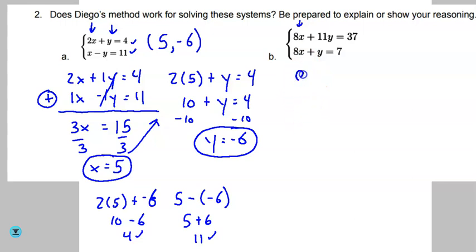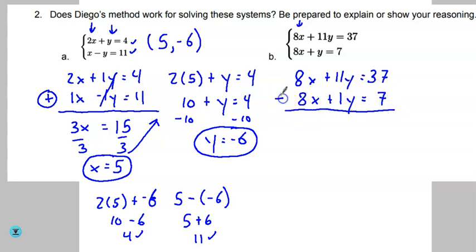Okay, so 8x plus 11y equals 37. 8x plus, again, I'm going to put the 1 there, 1y equals 7. But this time I'm subtracting. 8 minus 8 is 0. 11 minus 1 is 10. y equals 37 minus 7, 30.